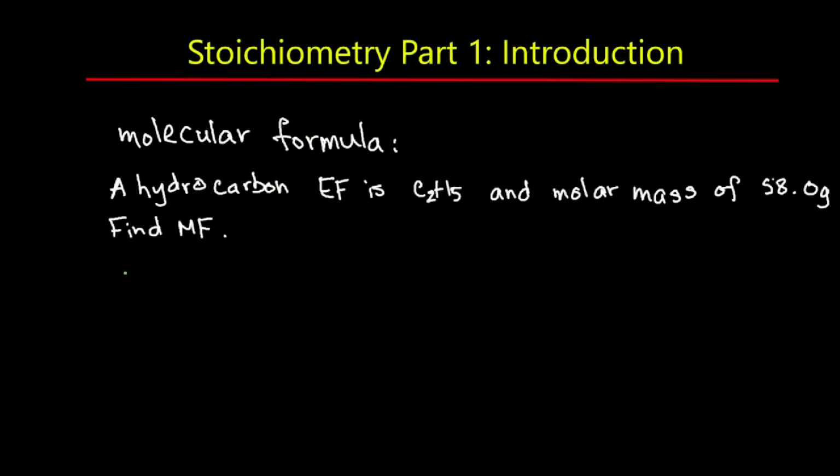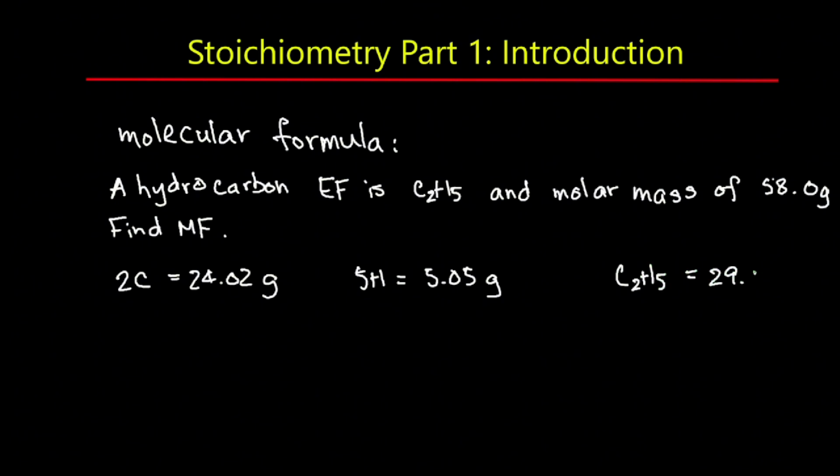So 2 carbons has an empirical mass of 24.02 grams, and 5 hydrogens has an empirical mass of 5.05 grams. If you add these together, the empirical mass of the whole compound, C2H5, should be 29.07 grams per mole.